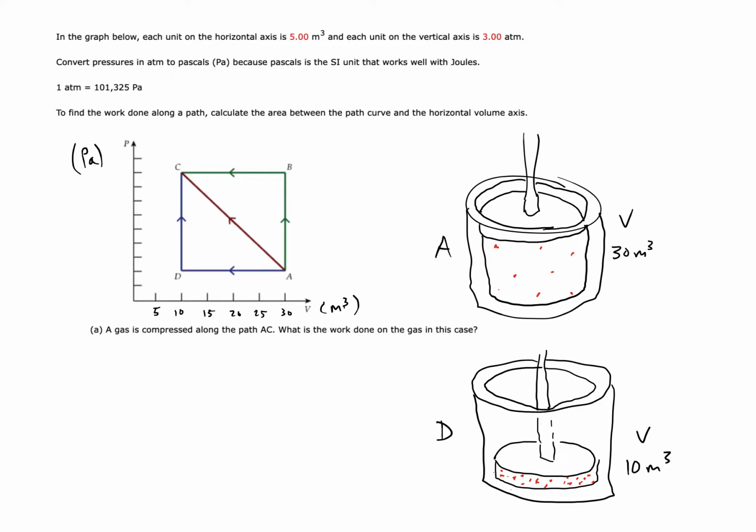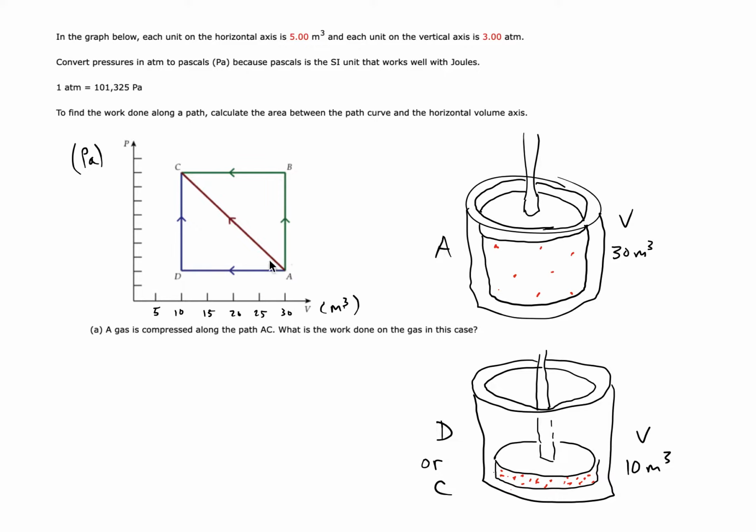And then when the piston is lowered, the gas is compressed to 1/3 of its volume. That could represent state D, for example. However, it could also represent state C, because state C is also at 10 meters cubed.